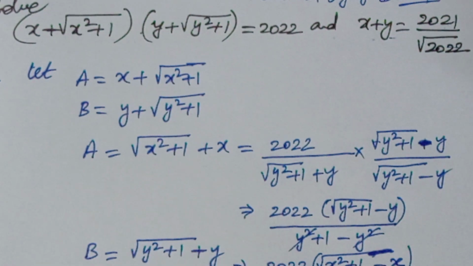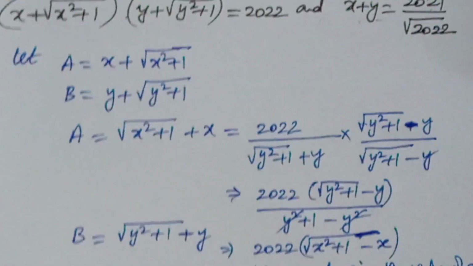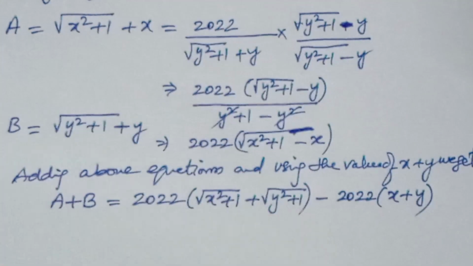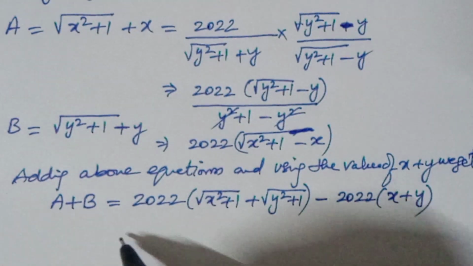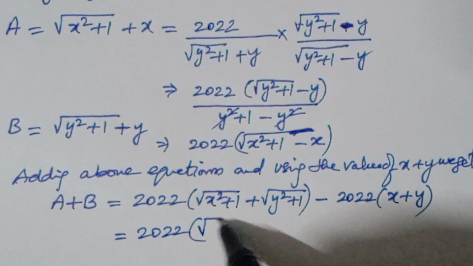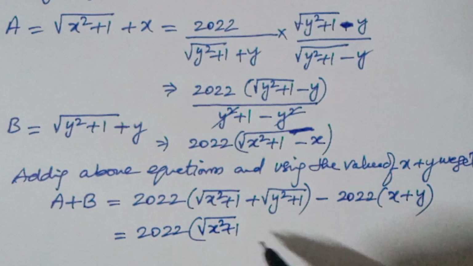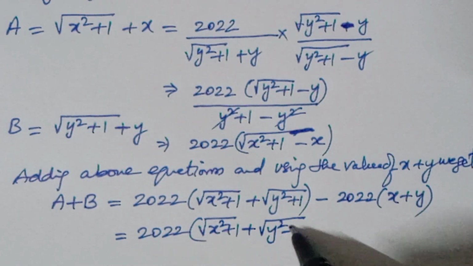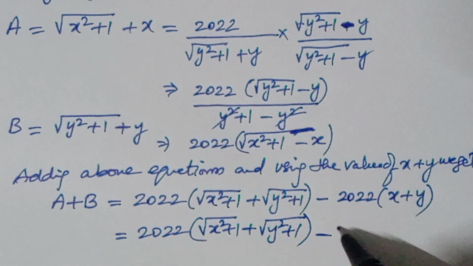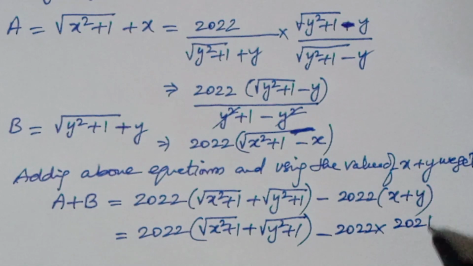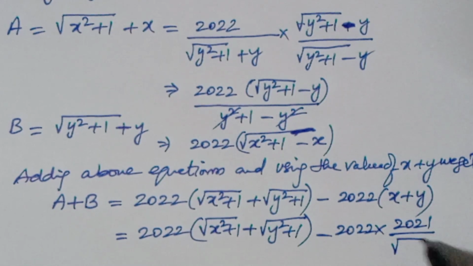So in the place of x + y, you are writing the value of x + y. So here we get 2022 (√(x²+1) + √(y²+1)) − 2022 into 2021 by root of 2022.